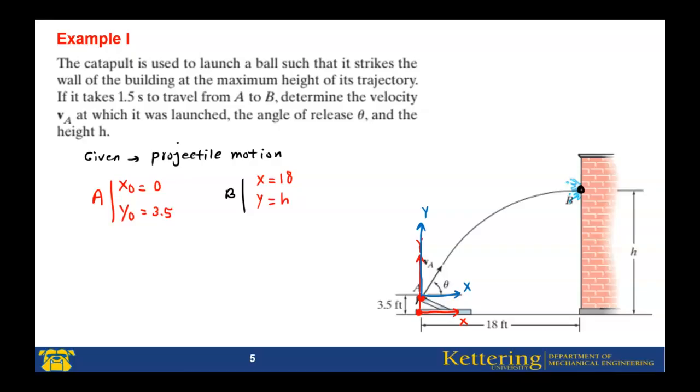But I want to show you also, if you selected the blue coordinate system, how much is x? 18. How much is y? H minus 3.5. This is the reason I mentioned that.